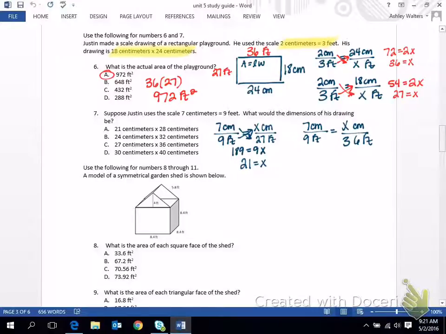If we come to our other proportion, 7 times 36 is 252, and that's going to be equal to 9x. So when we divide by 9, 28 is equal to x. So our drawing would be 21 centimeters by 28 centimeters.